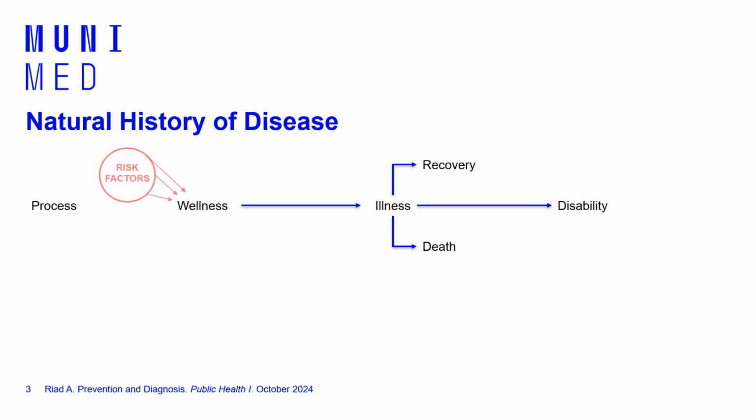But you have to remember, the move from the wellness to the illness state has already been triggered by risk factors. So there are different types of reasons or risk factors for why people get sick. These include environmental risk factors like air pollution or lack of sanitation and access to clean water, for example.